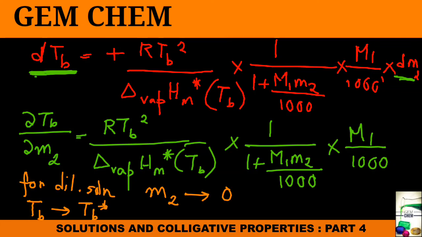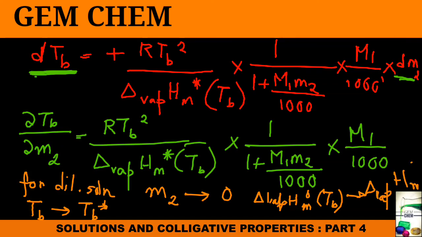TB star is actually the boiling point temperature in the pure state of the solvent, and this delta H VAP which we have seen here, which was for TB, also tends to delta VAP HM for TB star. This is also applicable for TB star.